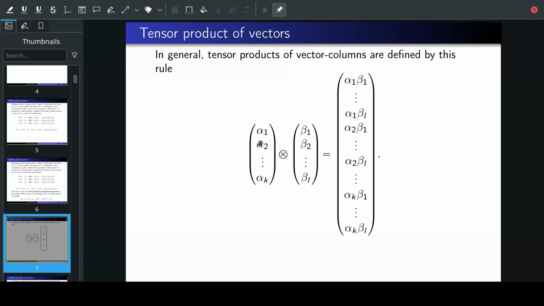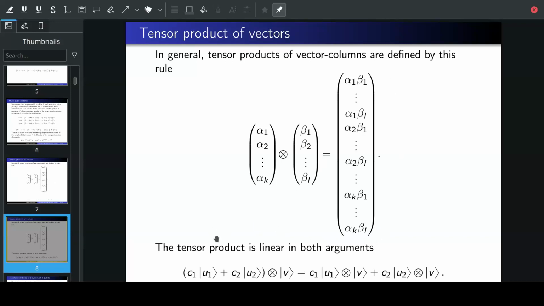And then we take the second element of the first vector, again multiply it by the second vector, and put it next to it, and again until the end. As we can see, the total size of the tensor product is the product of the sizes of these vectors. So it's k times L, the size of this vector.